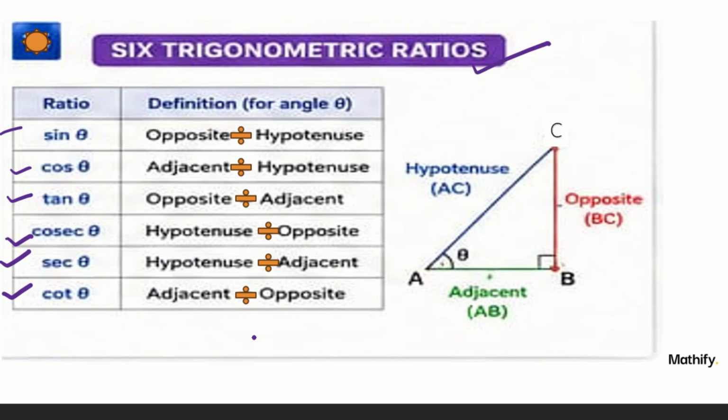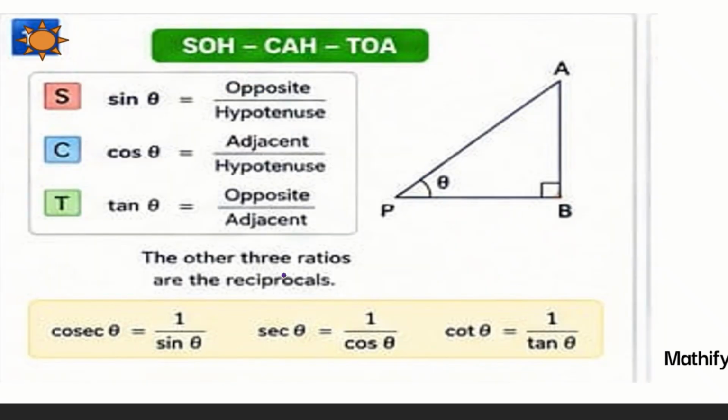But it is very difficult to learn this, na? No, it is not actually, because we have a trick. You can learn it by SOHCAHTOA. SOH represents sine is opposite upon hypotenuse.